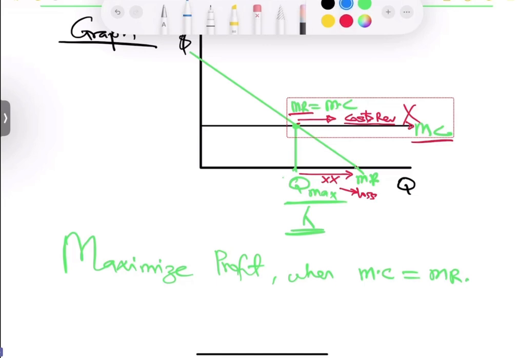But if you come this way, all the way from here to here, your marginal revenue is greater than your marginal cost. So keep producing up to this point, because every unit you produce will give you extra profit. So if you accumulate everything together, you will make a lot of profit.